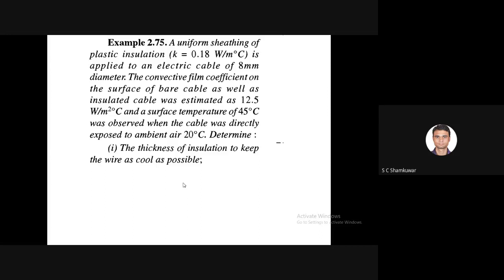Can anyone tell me the answer? GATE question for 2 marks.